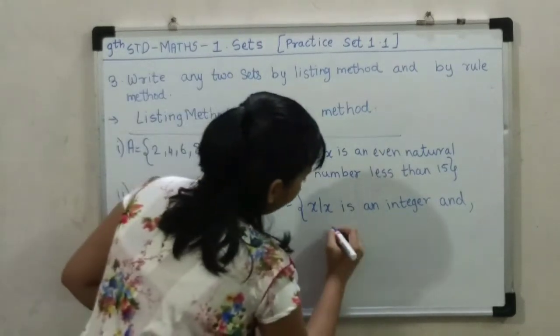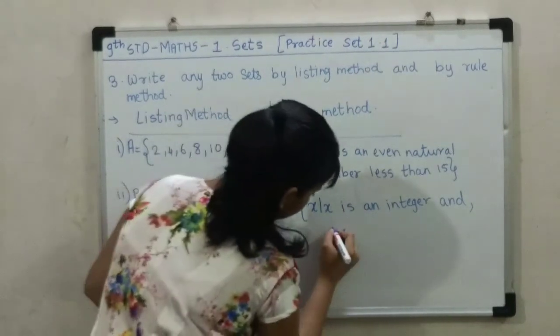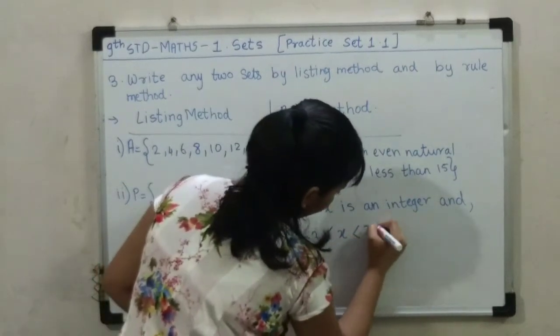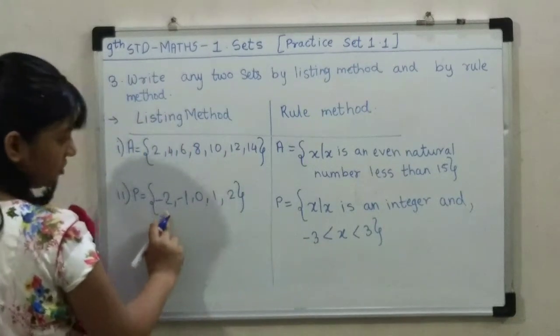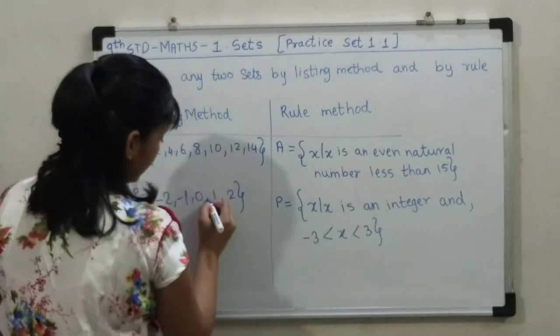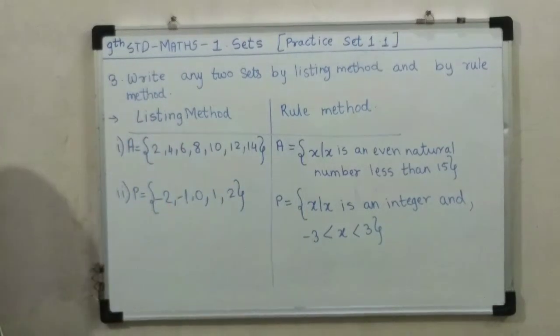So here we'll write x is greater than -3 and less than 3, because greater than -3 is -2, and less than 3 is 2. So this is listing method and rule method.